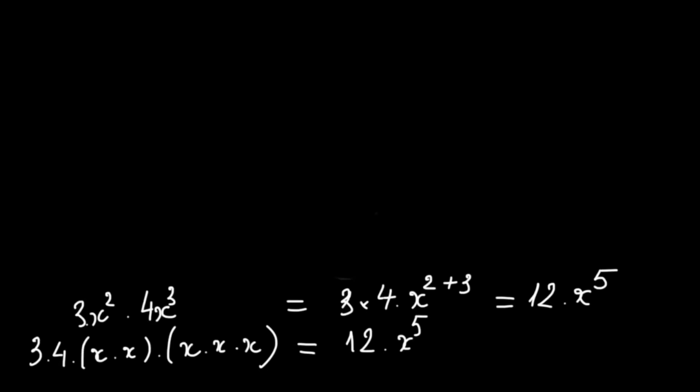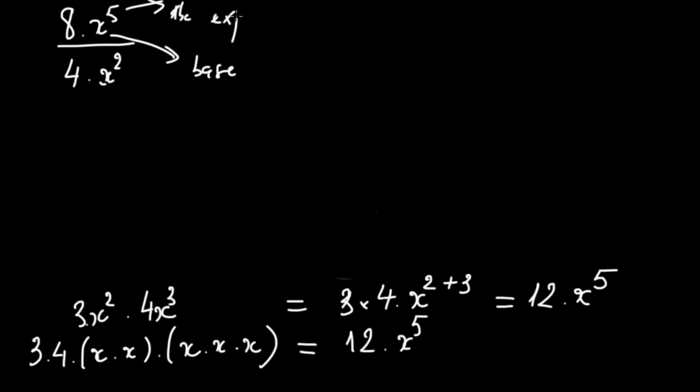What about division? Let's take a look at this. 8x to the 5th divided by 4x squared. We see here x is the base, and then 5 is the exponent.